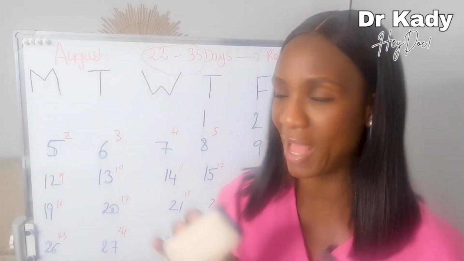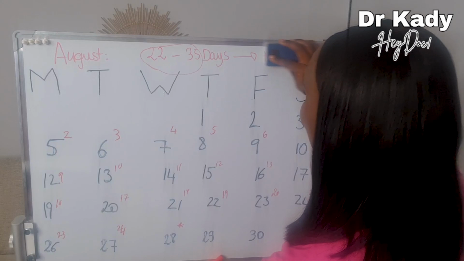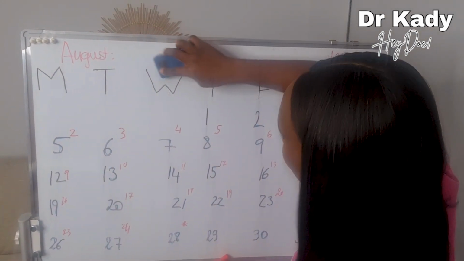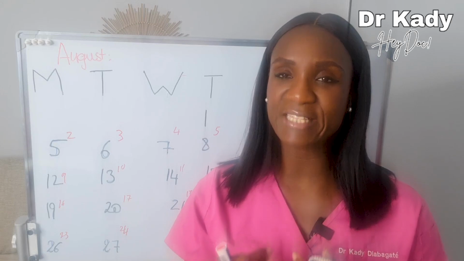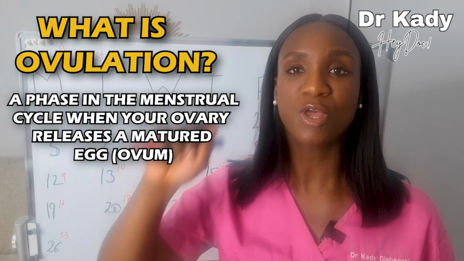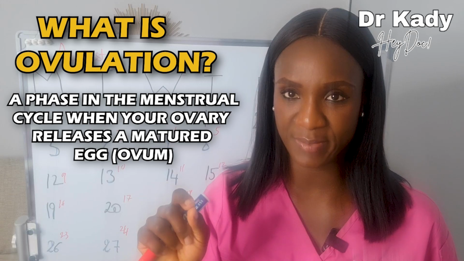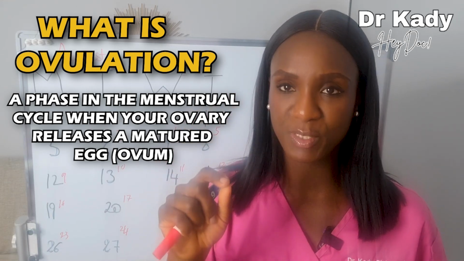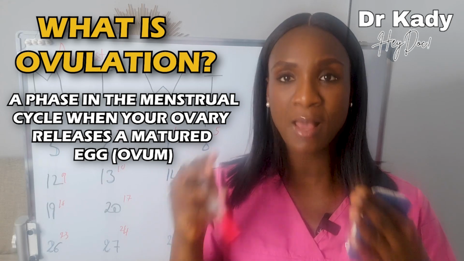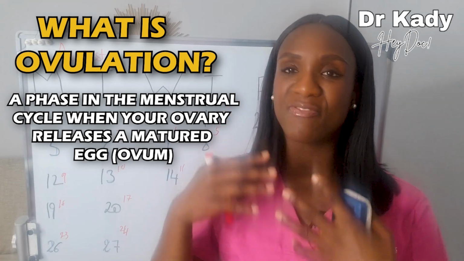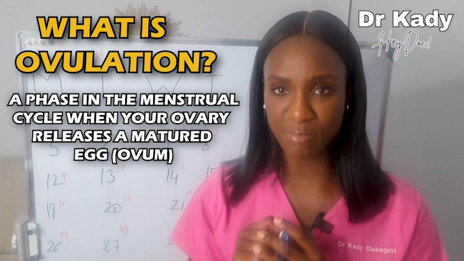Now, let's talk about ovulation, because obviously pregnancy is not going to happen without ovulation, okay? Ovulation is the release of a mature egg from one of the follicles from your ovaries. And this released egg will travel up and sit in the fallopian tube until it's met by a sperm cell and fertilization happens, and that is the start of a pregnancy.